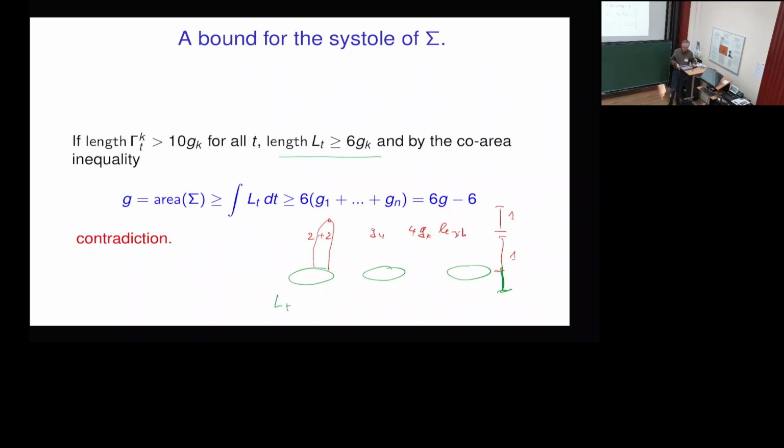Are there any questions? Yes? So in this co-area inequality, what this means is that one of the gamma kT's must have bounded length. Yeah, small length, like smaller than 10GJ. Yes. So that one is short. But gamma kT is supposed to be the union of the non-contractible loops in that slice plus a few arcs, right?